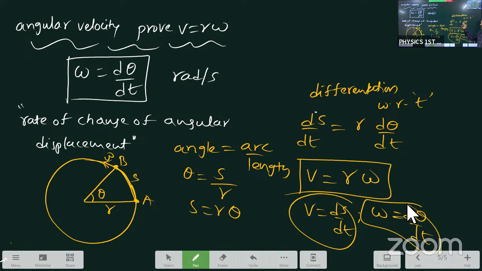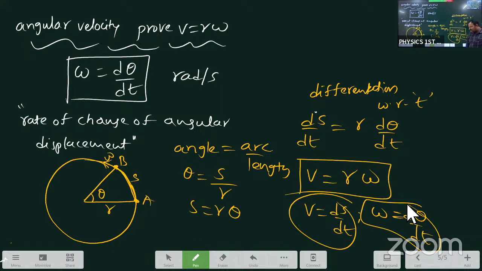Whether we do differentiation or integration, a constant gives 0 in differentiation, so r stays as it is. Displacement changes and angle changes. What is the rate of change of displacement? Velocity. Rate of change of angular displacement is angular velocity. So v equals r omega.